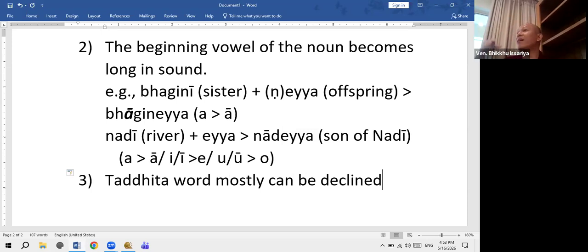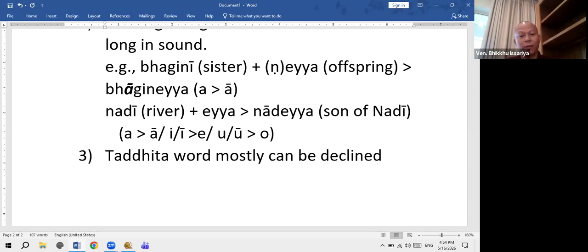Those who already learned Pali can know this. That means it can be changed, for example here Nadiya can be Nadiyo, Nadiya, Nadiyam, Nadiye, Nadiyena, Nadiyehi, like that. We can add these to use in the sentence as subject, object, or adverb.